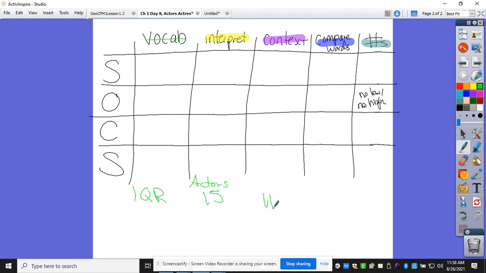So my vocab would be saying IQR. How do you interpret IQR? The middle 50% is within what? The middle 50% of actors are all within 15 years of each other, which is higher than the IQR for actresses, whose middle 50% is within 11 years of each other.